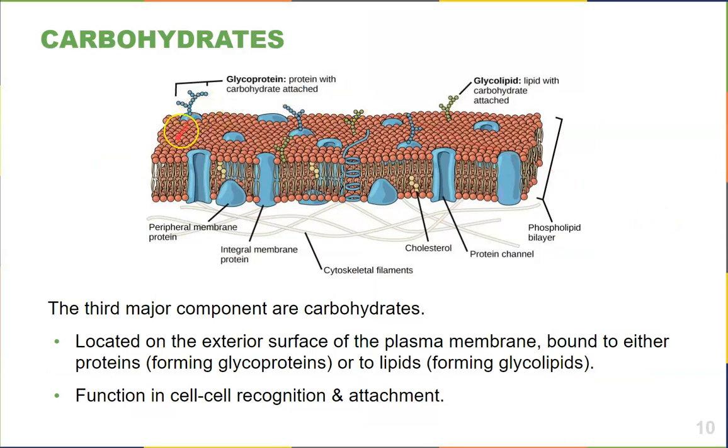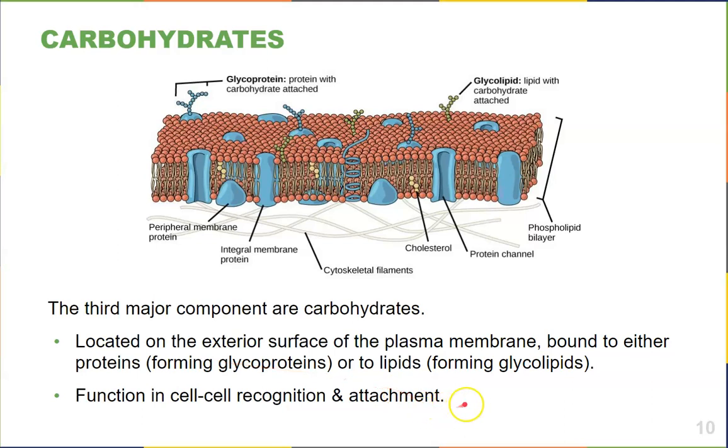I already mentioned that carbohydrates are located on the exterior of some of these proteins. They are also located on the exterior of some of the lipids. So take a close look at this one here. Instead of a phospholipid head, it's been replaced with a carbohydrate.